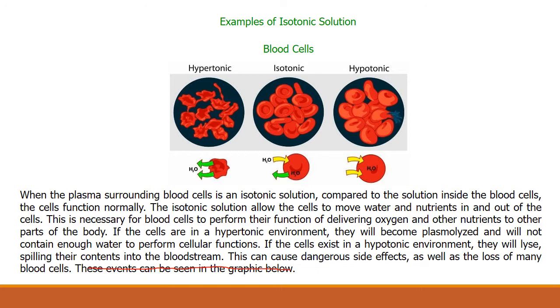Okay, and then for isotonic solution, there is an equal flow of water into and out of the RBC. So stable ra ang ato ang red blood cells. Wala rin nahitabo niya. Okay? So equal raman ang pag-in and out sa water.